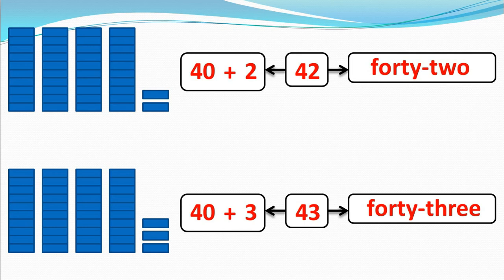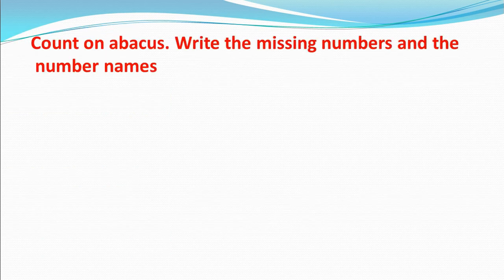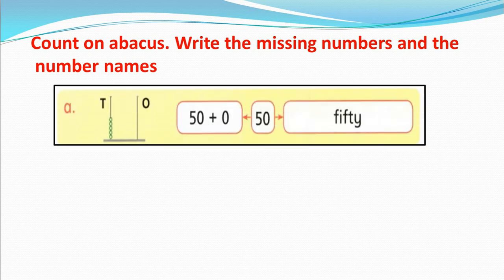Now here is another question, which is count on abacus, write the missing numbers and the number name. One has been done for you. Look, there is an abacus. On the tens rod there are 5 beads. 5 beads means 5 tens, which makes 50.